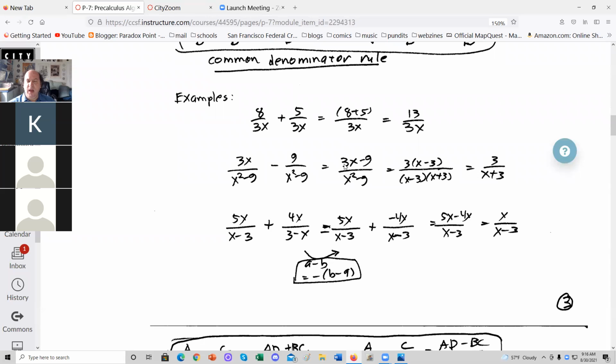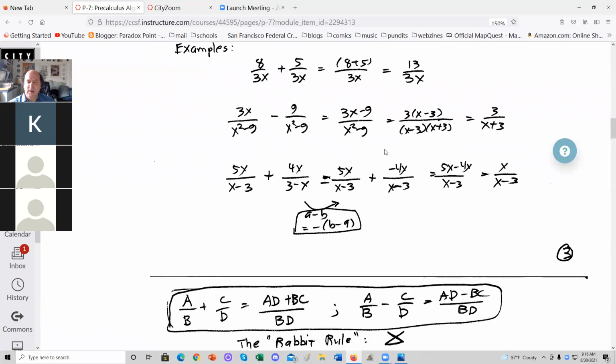Now we can factor this all. 3x minus 9 is 3 times x minus 3. x squared minus 9 is x minus 3 times x plus 3. The x minus 3's cancel, and we're left with 3 over x plus 3.